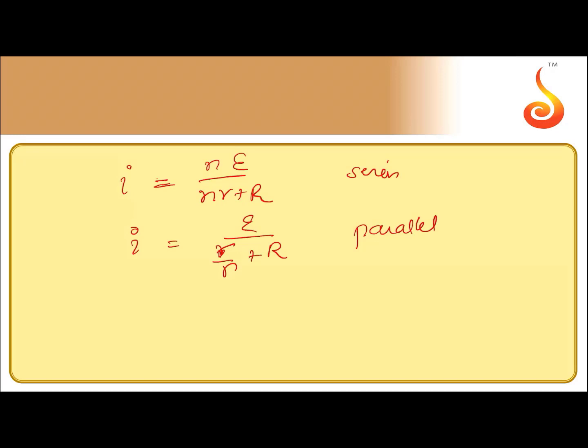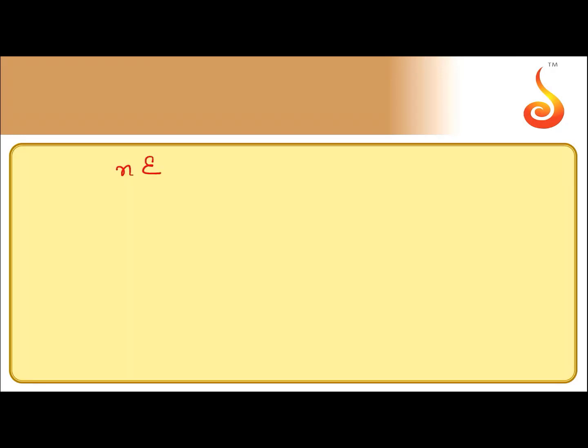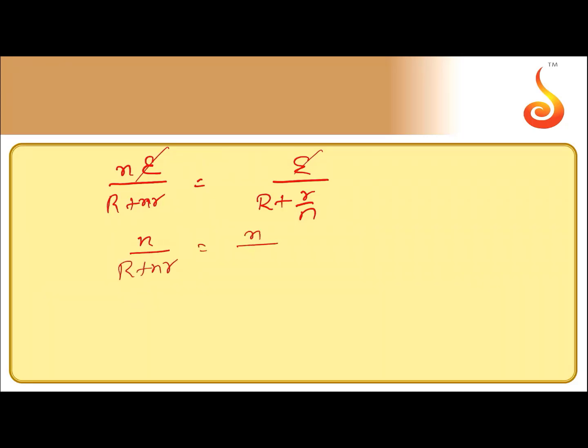And these two are equal to each other. So I can write NE divided by R plus Nr is equal to E divided by R plus r divided by N. So you notice that this E and this E get cancelled and we get N divided by R plus Nr is equal to N divided by R N plus r.